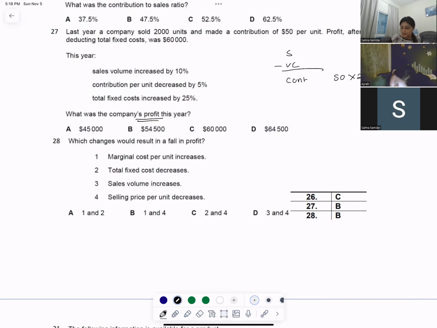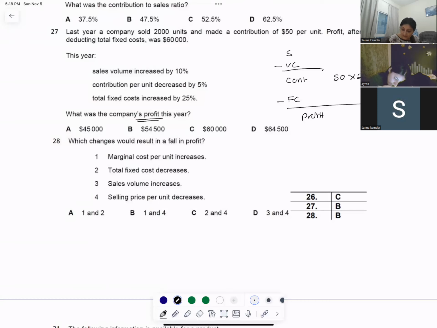So the total contribution is 100,000 minus fixed cost. Fixed cost is not given, but profit is given. We can calculate fixed cost. So fixed cost will be 40,000. Okay. Now what do they want?